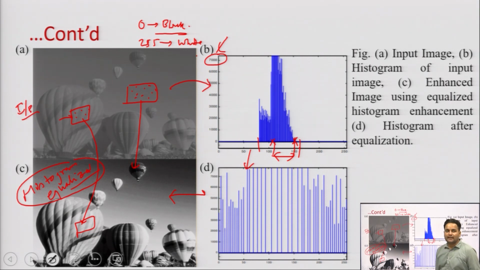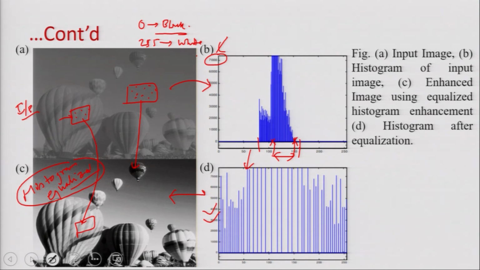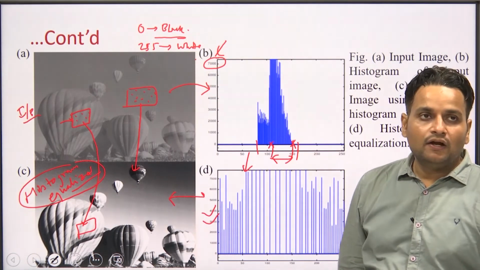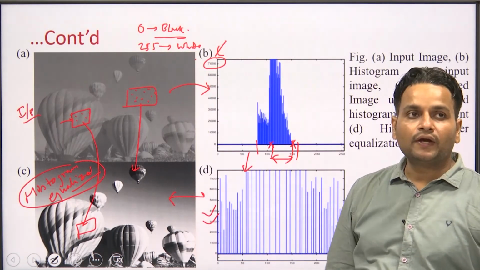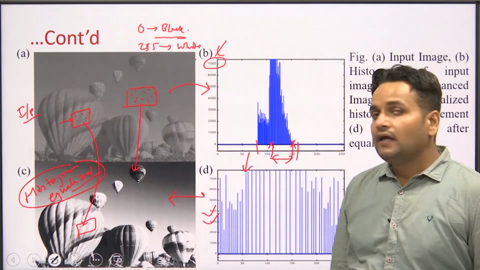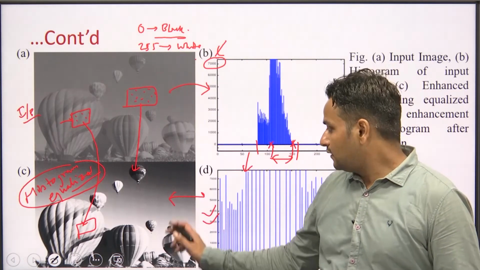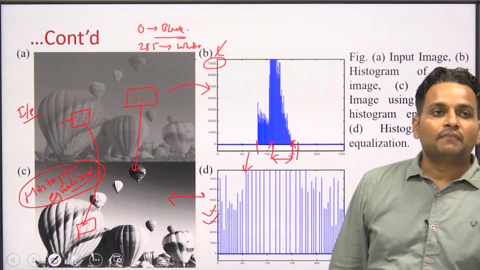Your images get enhanced by using this particular process, which is called histogram equalization. Every picture is justifying this. So, that is how we can do the histogram equalization.